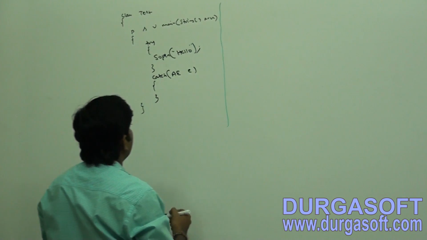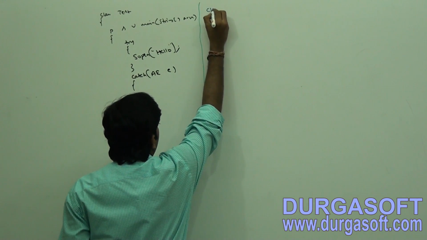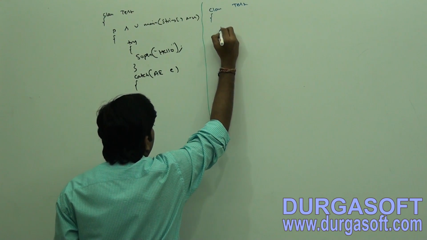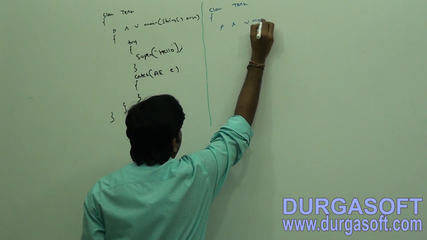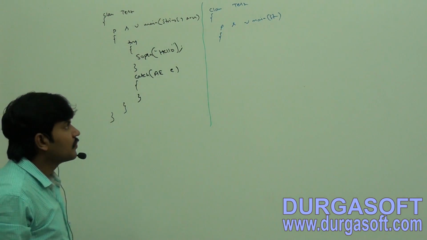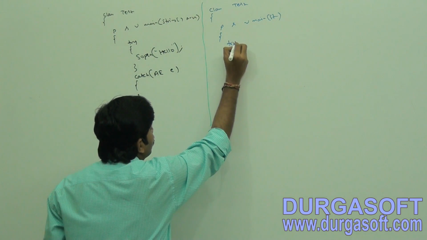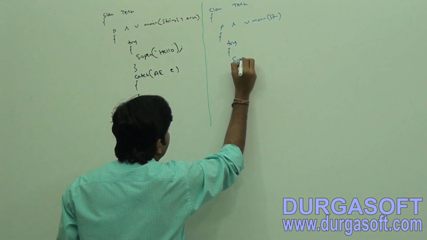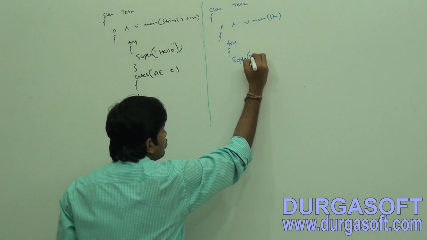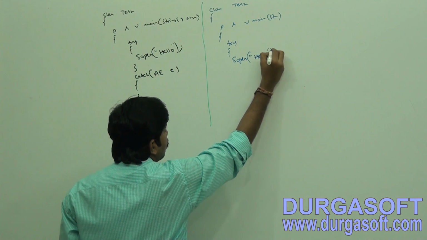Now the second example. Class Test, public static void main(String[] args), try System.out.println of hello, same hello.